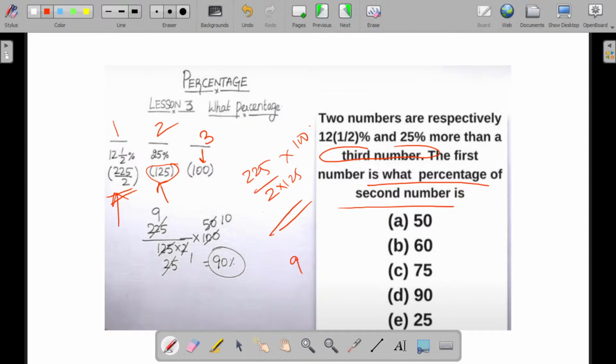So that is 90 percentage. So the correct answer is D. The main thing here is that you need to calculate these two numbers, the first and second number.